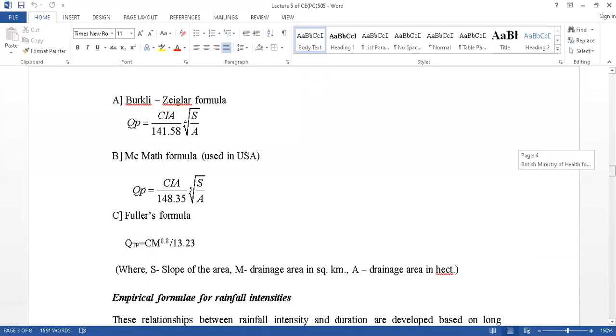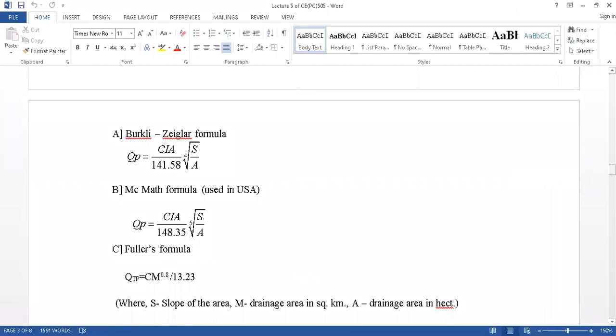Now, three empirical formulas I have highlighted here. The first is the Buckley-Ziegler formula, that is QP equal to CIA divided by 141.58 square root of S by A. The second is the Ryves formula, based on USA data, that is QP equal to CIA divided by 148.35 square root of S by A. And the third is Fuller's formula, that is QTB equal to Cm whole to the power 0.8 divided by 13.23.